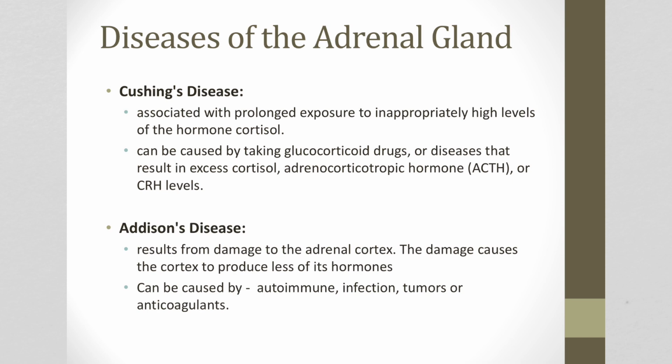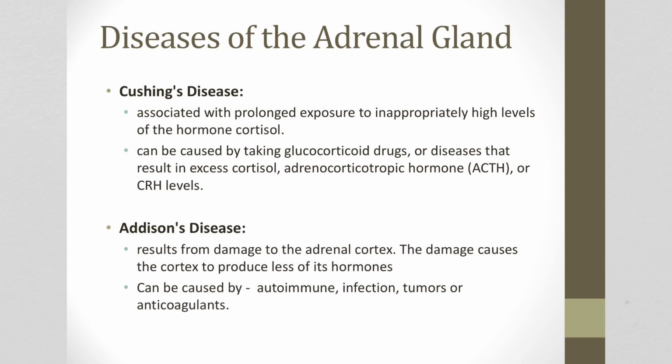Addison's disease itself is most often associated with some sort of tumor, or damage to the adrenal cortex, right? And so what happens is the adrenal gland typically won't produce enough of the hormone. So you might not have enough of the cortisol circulating or enough of the aldosterone circulating, right?